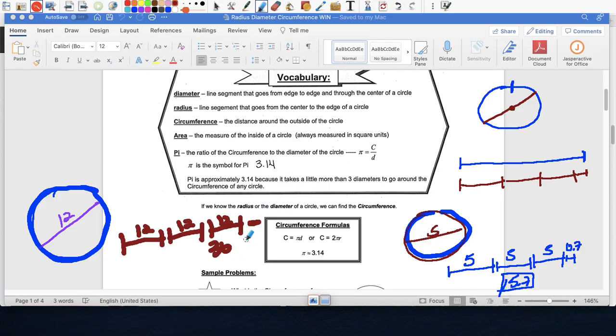So it would be about 38 in total, because this would measure about 2. I'm just estimating. So I know that with every diameter and circumference, the circumference is 3.14 times the diameter. It's 3 of these and a little bit more, 0.14 of the next one.